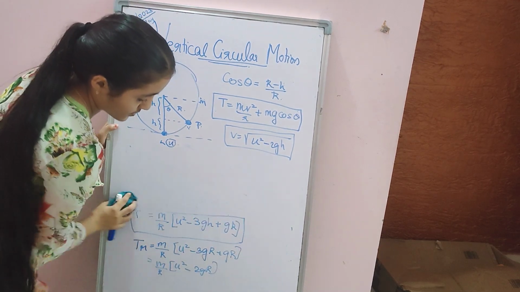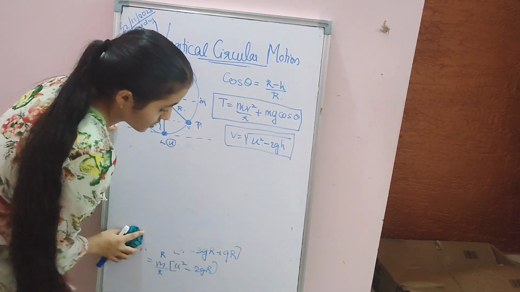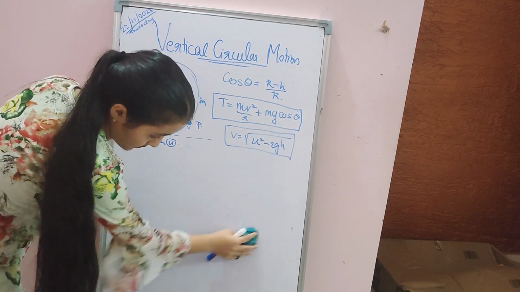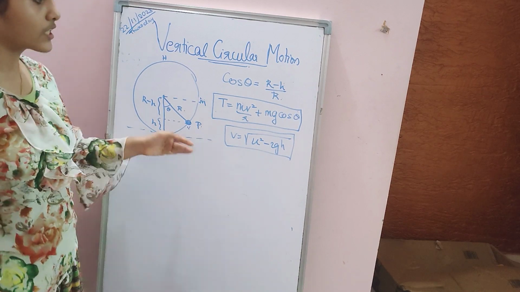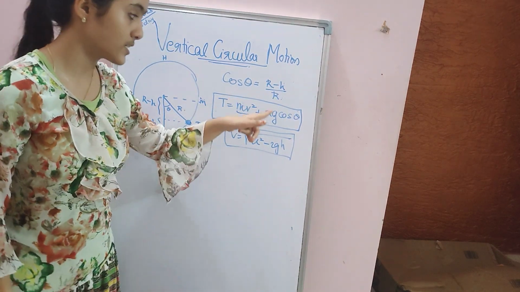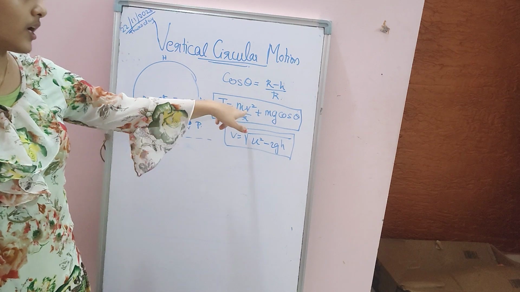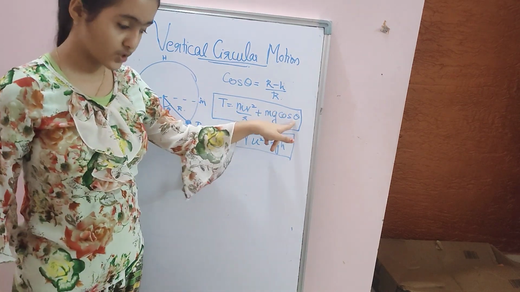Okay. So likewise, we can find the tension at other points. It all depends on the question. In the question, if theta is given, we use this equation: mv square by r plus mg cos theta.